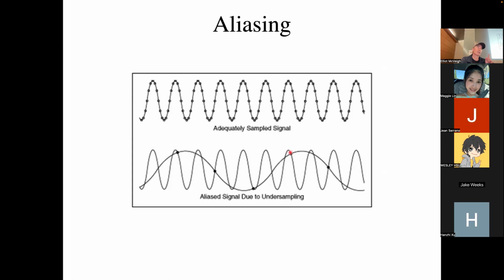Well, that is also consistent with a sine wave that has much lower frequency. So now I have two ways to produce these data points that I can't distinguish with this sampling. One way is this high frequency sine wave. Another way to produce the exact same points is this low frequency sine wave.